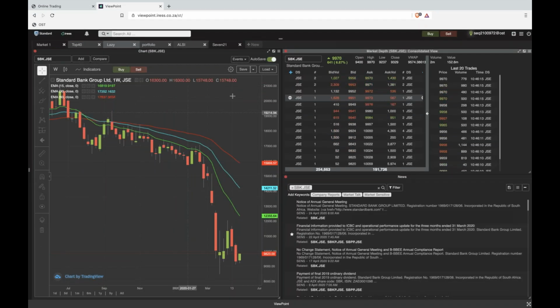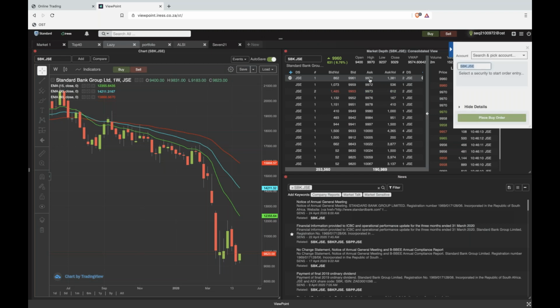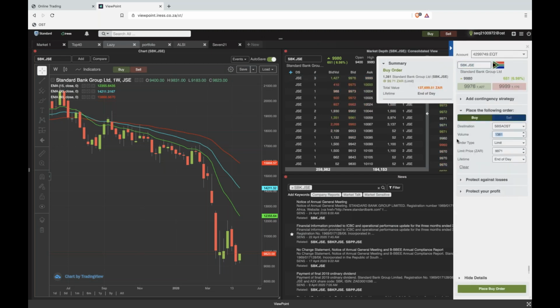If I wanted to buy them directly on the Iris platform, it's really quite simple. I just hit the ask and it will pre-populate. What I did is I hit ask, so it took me at the best price, which at that point was 99.71. The share is running, so that has changed, obviously.